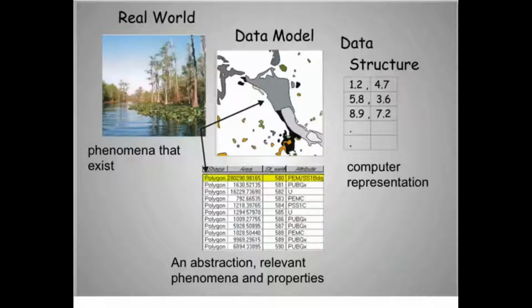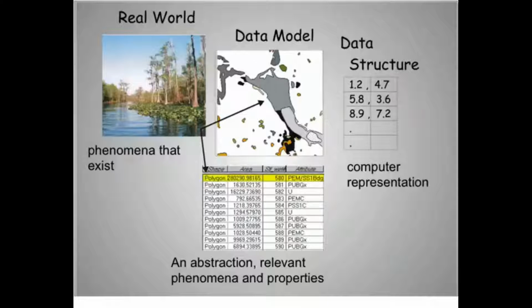We might determine that what we're concerned with is answering a question like, how are the land cover types changing over time? And so we might delineate areas that are hardwood forests, other areas that are pine forests, and other areas that are wetlands of certain types. We have each of these polygons and we put them into categories.